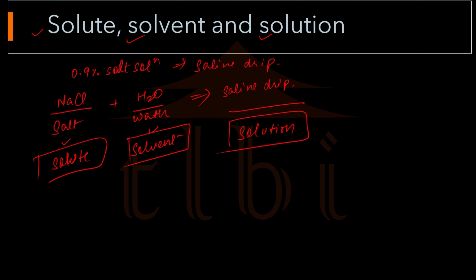Also, the physical state of the solution, because solvent is the major component, will be governed by the physical state of the solvent. In this case the solvent is liquid, so the solution will also be liquid. All right. So these are some basic things which you have to remember.